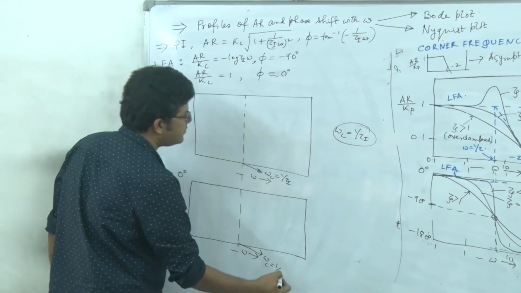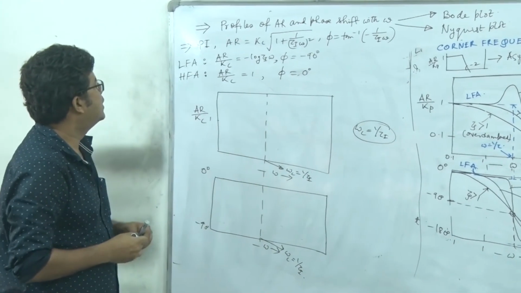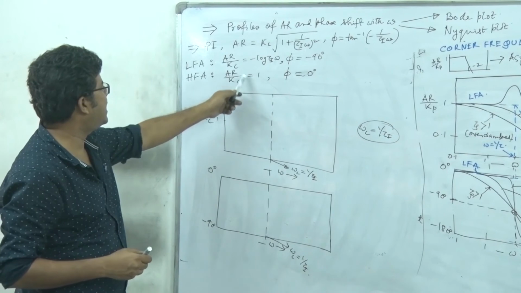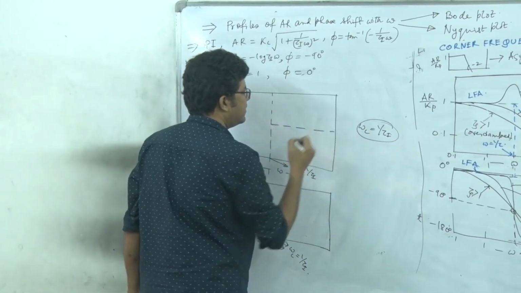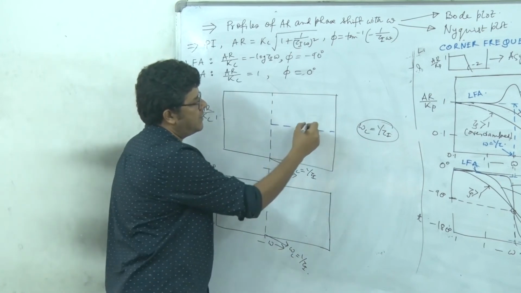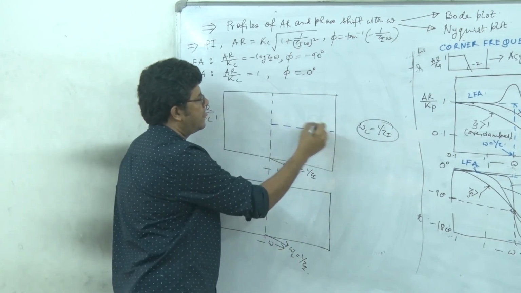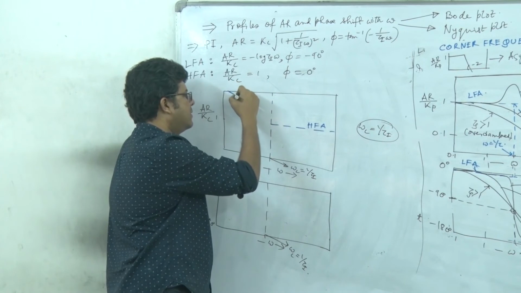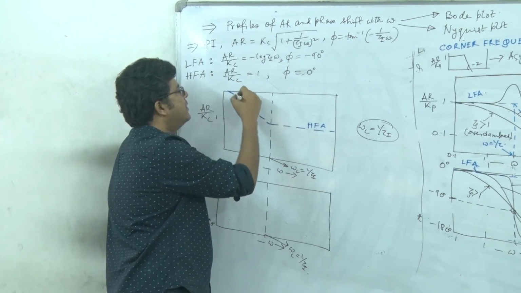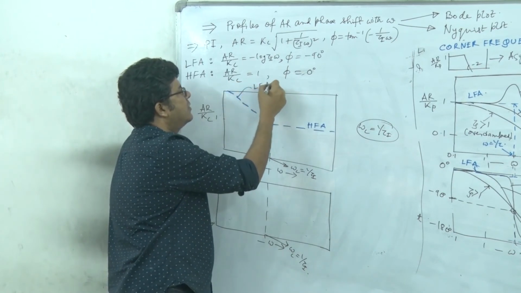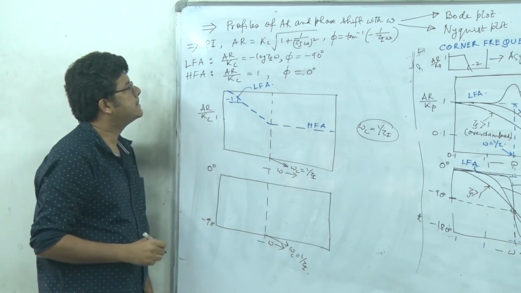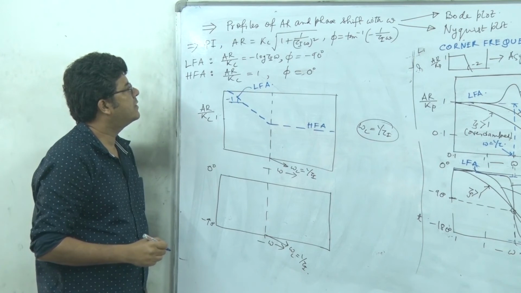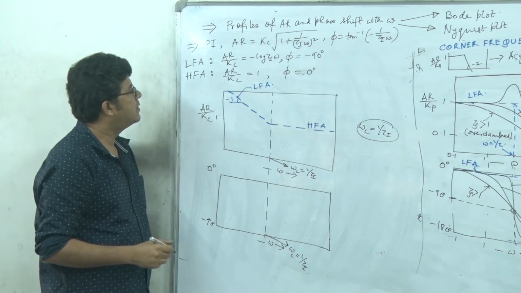Right? Now high frequency asymptote AR by Kc equal to 1, like this, high frequency asymptote. And here, this is low frequency asymptote. The slope is -1. Okay? The slope is -1. And here LFA is -90.